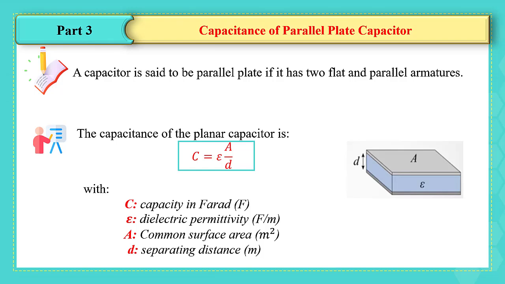You can remember from the previous animation that the area and the capacitance are proportional. The distance of separation and the capacitance are anti-proportional. Note that the unit of the capacitance in this formula is farad, that of the area is meter squared, that of the distance is meter, and that of this constant here is farad per meter.